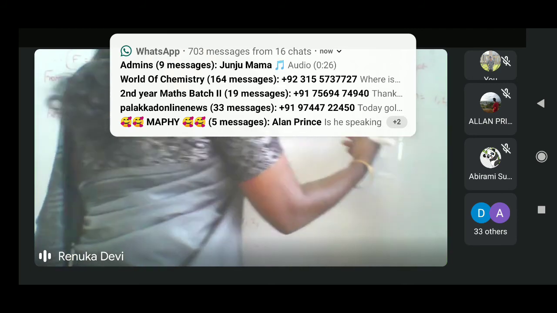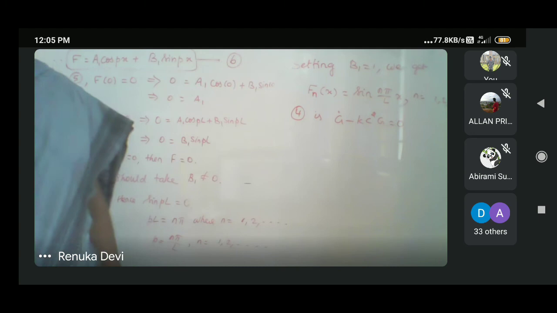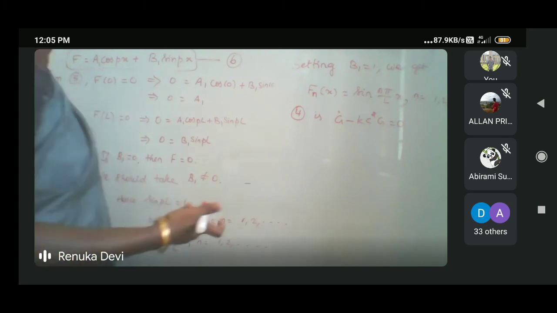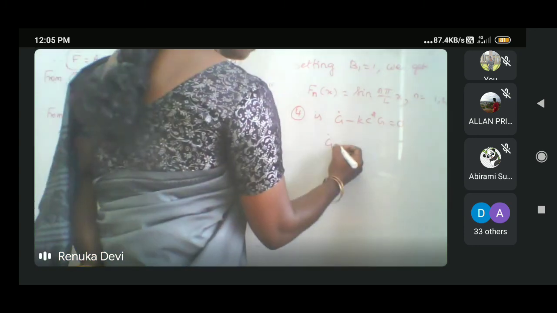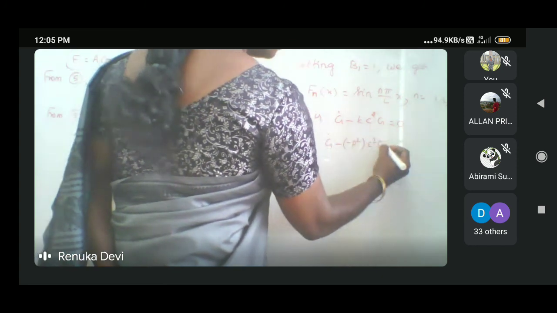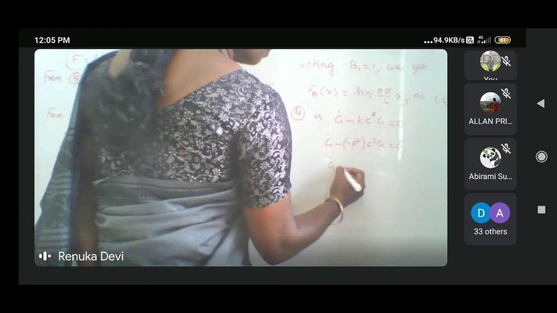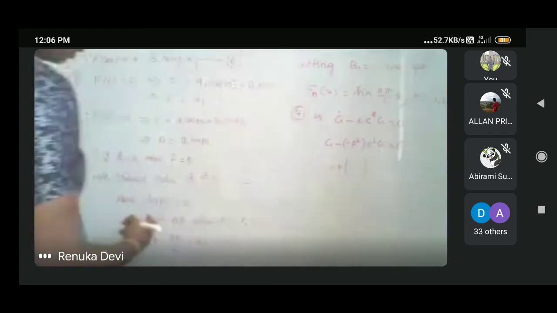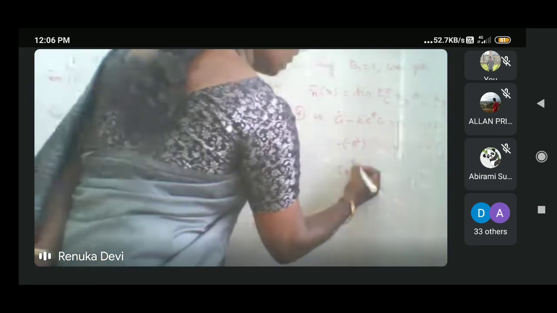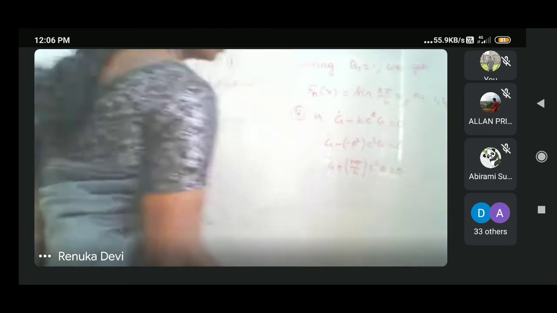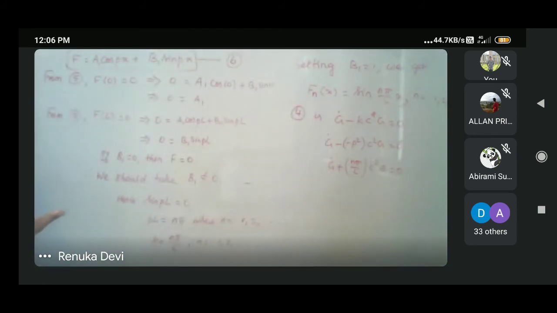Just to check, what is k? k is minus p squared. So c squared g equal to 0, that is g double dot minus, plus, what is p squared? p is n pi by L. Am I right?